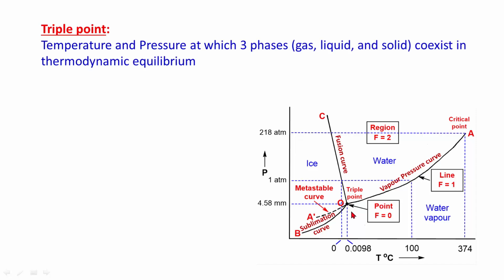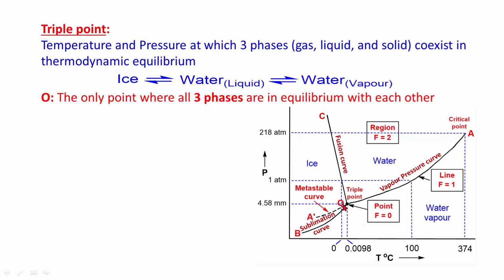Triple point: temperature and pressure at which three phases, gas, liquid and solid, coexist in equilibrium. Ice is in equilibrium with water, which is in equilibrium with water vapor. O is the only point where three phases are in equilibrium with each other.